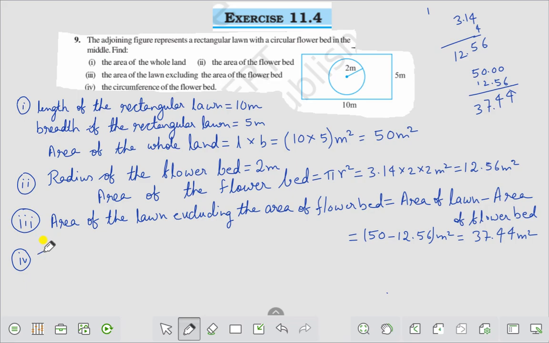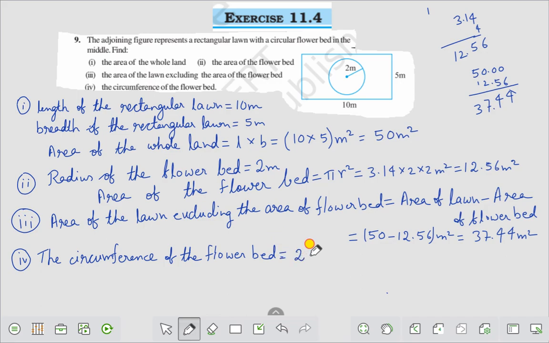Therefore, the circumference of the flower bed is equal to, this is a circle, therefore the circumference is 2 pi r, right? Circumference is 2 pi r.